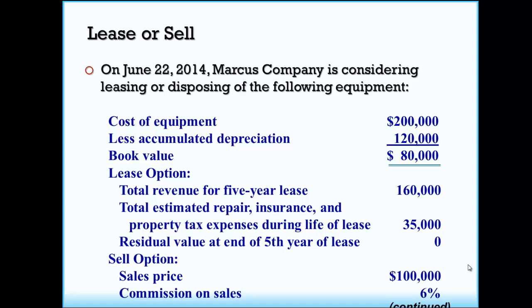Okay, let's take a second now to discuss leasing or selling. So on June 22nd, 2014, Marcus Company is considering leasing or disposing, aka selling, the following equipment. The cost of equipment is $200,000. It has $120,000 of accumulated depreciation, so at this point the book value is $80,000.